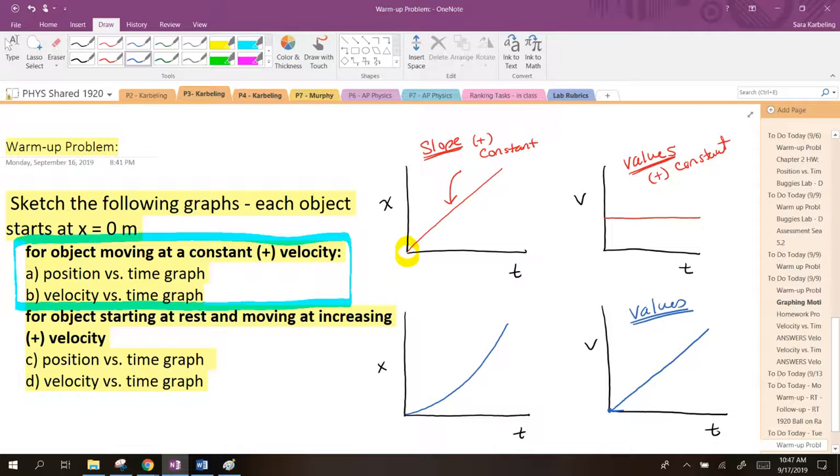Would you use positive? Sure, it's in the first quadrant, right? They're all positive values, so I would say absolutely you'd say positive. Are the values of the velocity constant? No. They're not. They get bigger and bigger and bigger over time. What would we call that? Increasing?